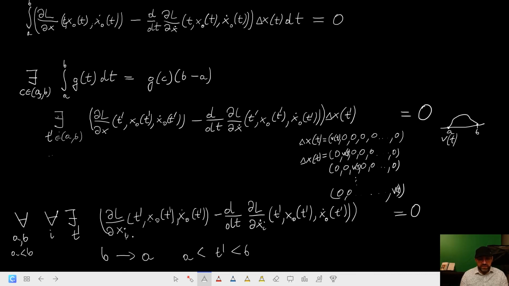we know... Because it's for all, we reason for all coordinates separately. Yes, but this is the function continuous in all coordinates.